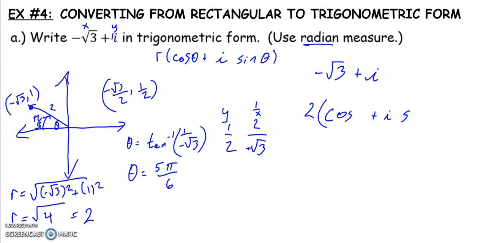We said it was 5 pi over 6. Cosine 5 pi over 6 plus i sine 5 pi over 6. And then if I condense this, we can say 2 cis 5 pi over 6. Boom. Not so bad.